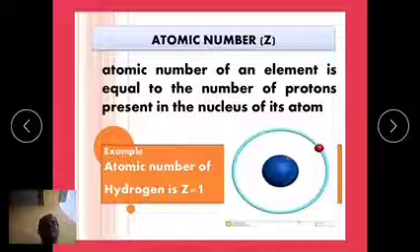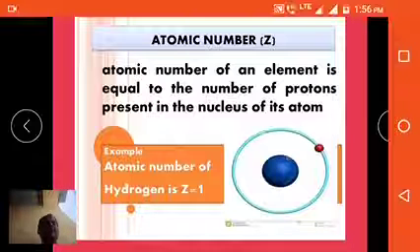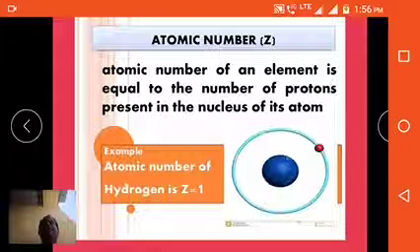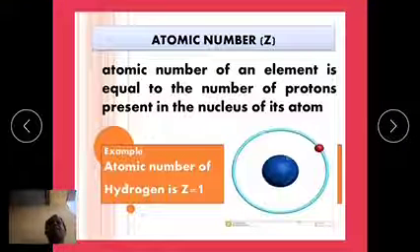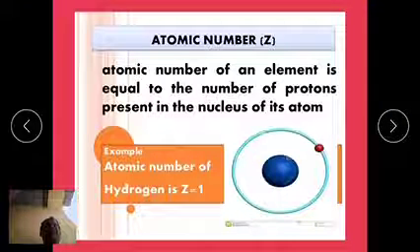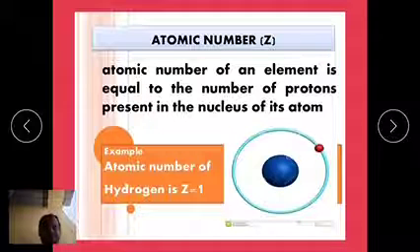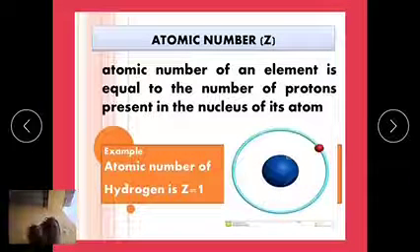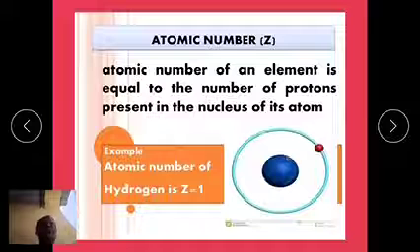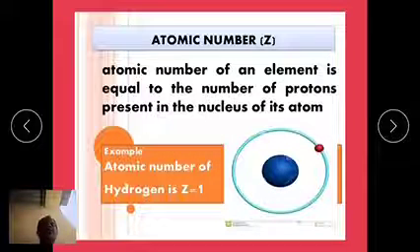First of all, atomic number is denoted with Z, and its definition is: the atomic number of an element is equal to the number of protons present in the nucleus of its atom.